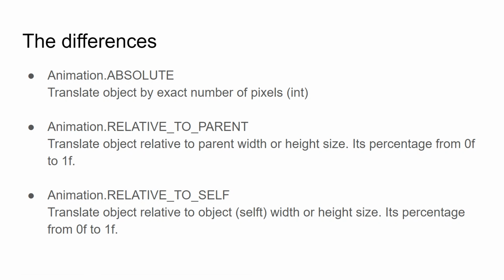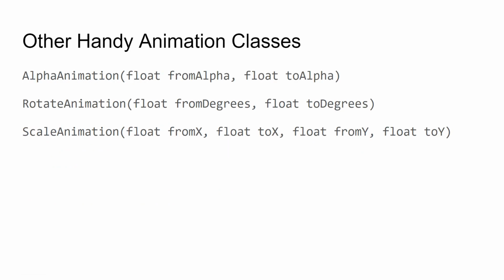There are other handy animation classes, like alpha animation, from one alpha to another alpha, and rotate animation, from one degree to another degree. Scale animation is basically scaling from a first coordinate to another coordinate.